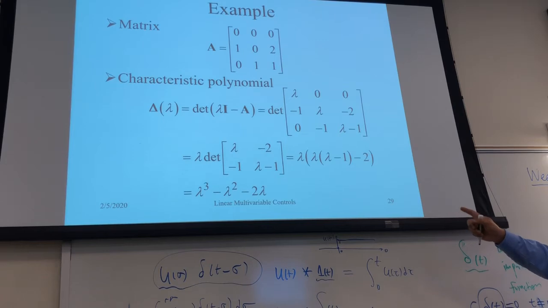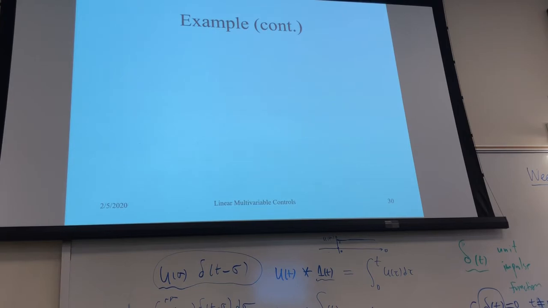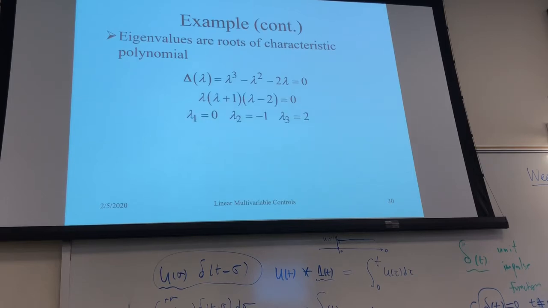One root is lambda equals 0. Those eigenvalues are roots of the characteristic polynomial. In this case, lambda is 0, minus 1, and plus 2, so you have 3 of them. The eigenvectors are non-zero vectors that solve the eigenvalue equations.